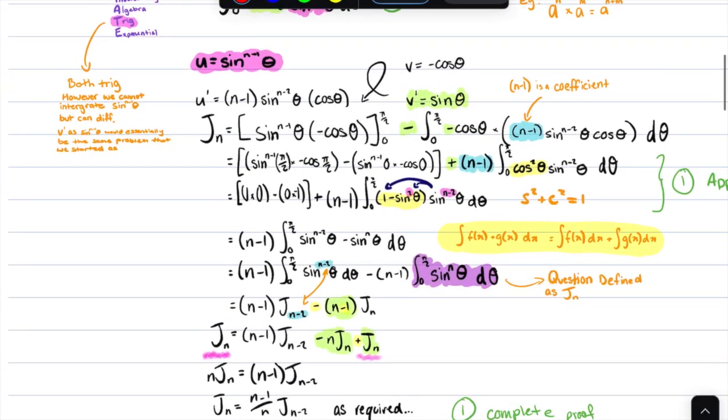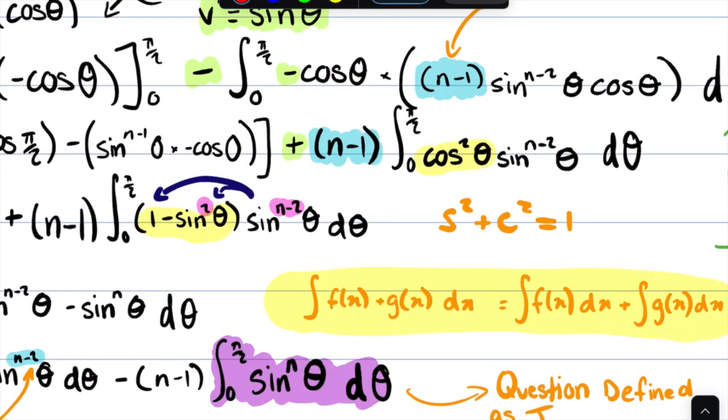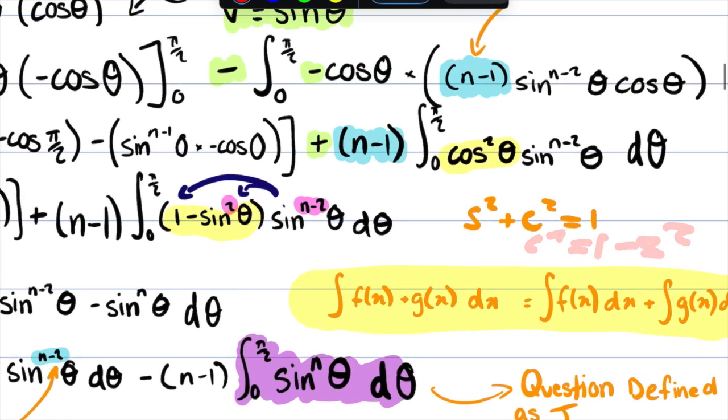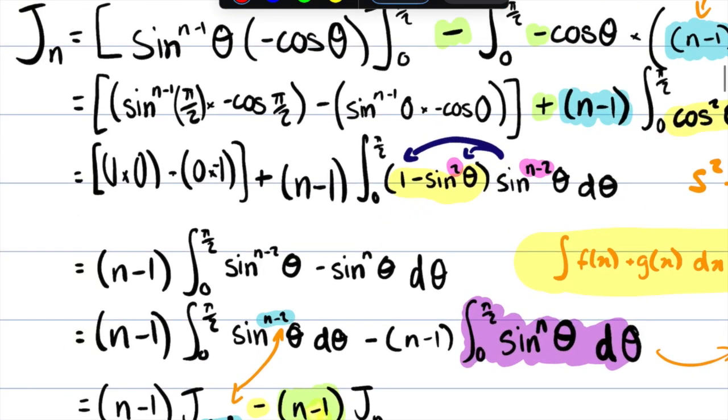Continuing this, we can see that our Pythagorean unit circle identity, sine squared plus cos squared, is equal to 1. We can rearrange this, find that cos squared is equal to 1 minus sine squared. We can sub this in for our cos value. We know that this turns to 0, and we're still left with our n-1 at the front and our integral.